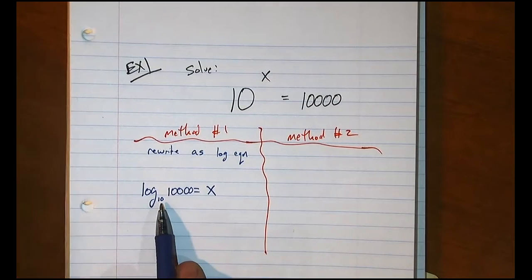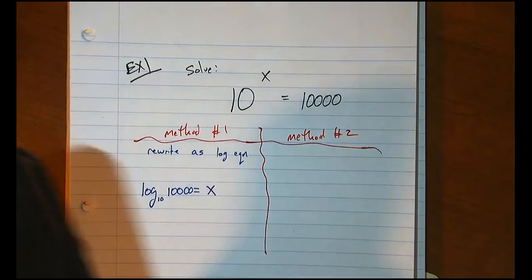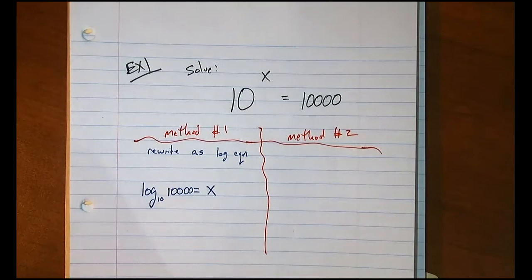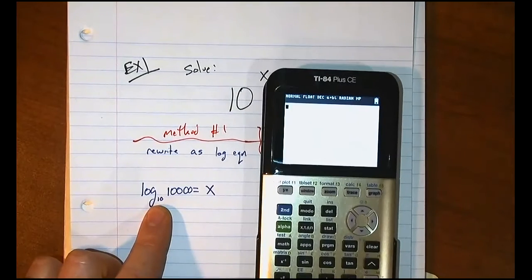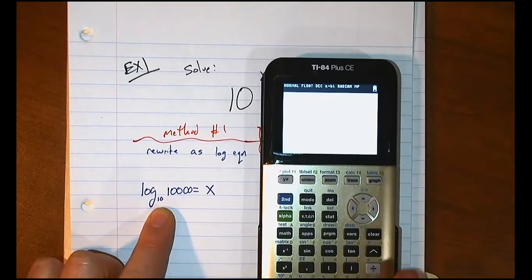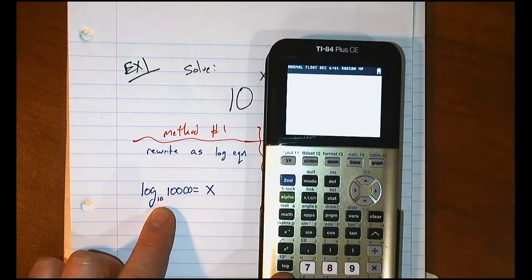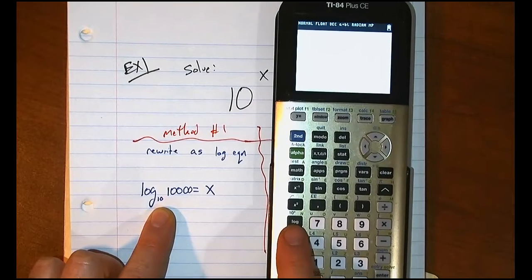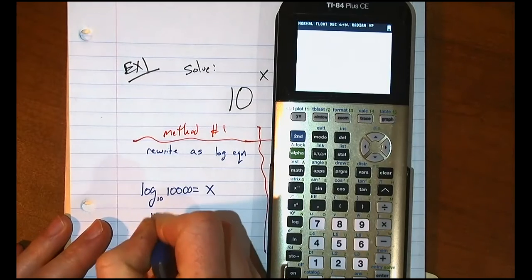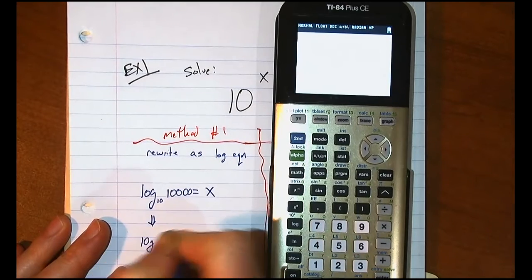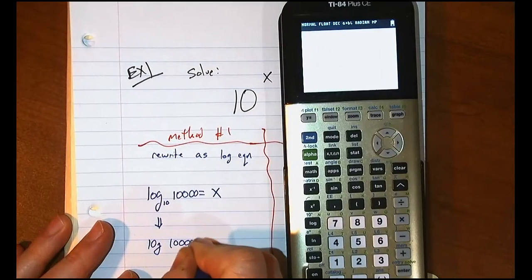The nice thing is any scientific calculator or graphing calculator, including the scientific calculator built into most computers, is going to have log base 10, because log base 10, remember, is the common log, the one where we don't normally write the base. This is the same thing as just log with no base.